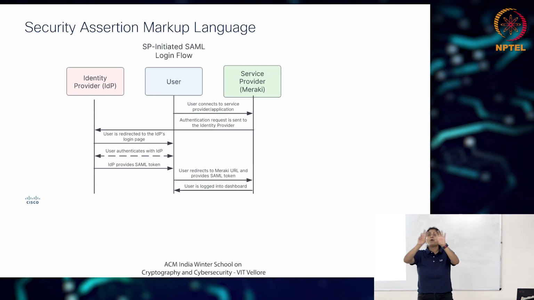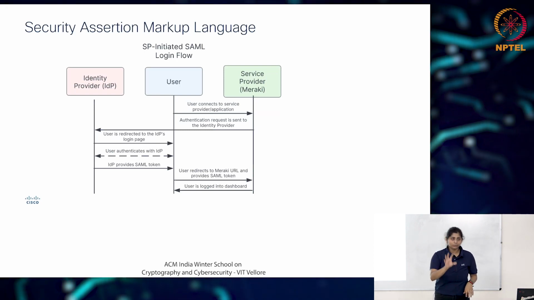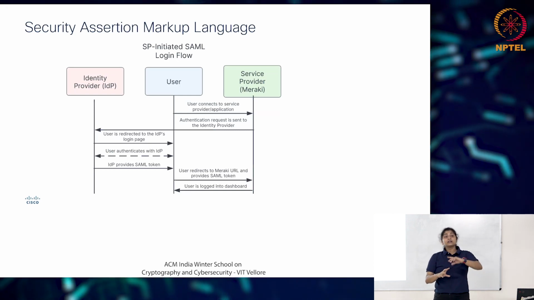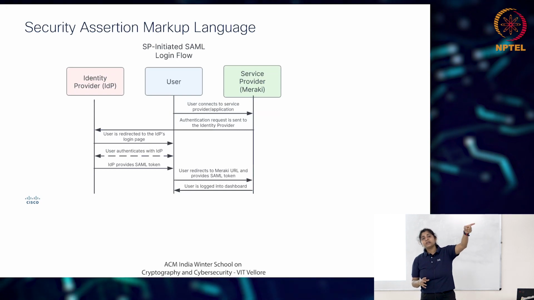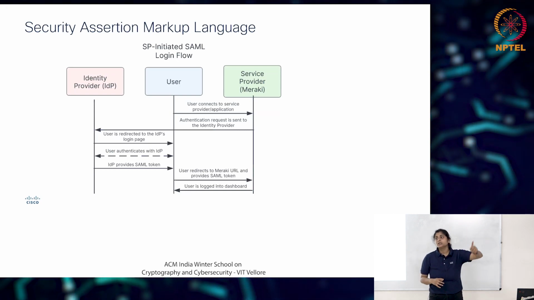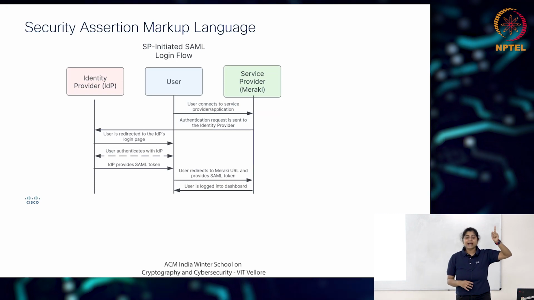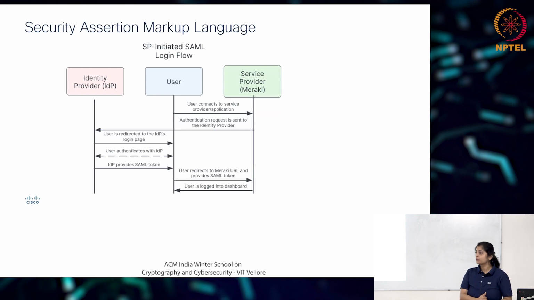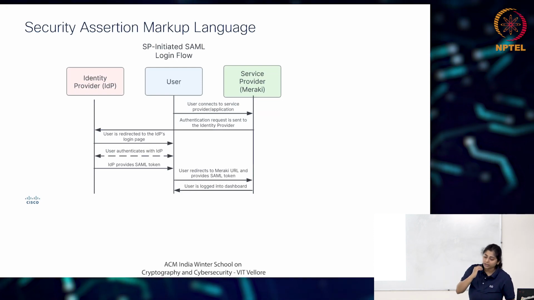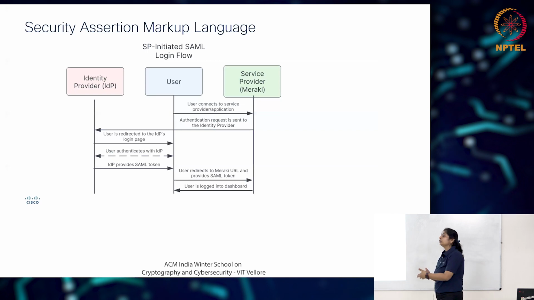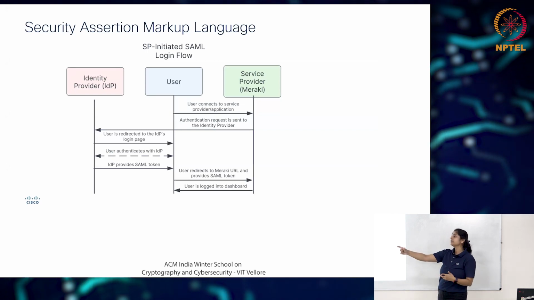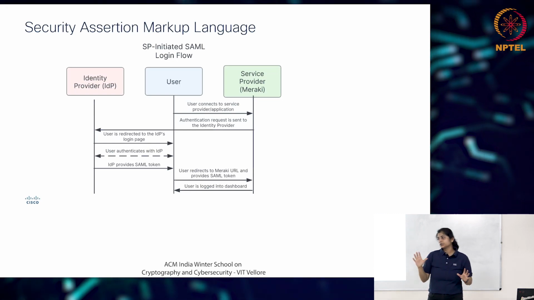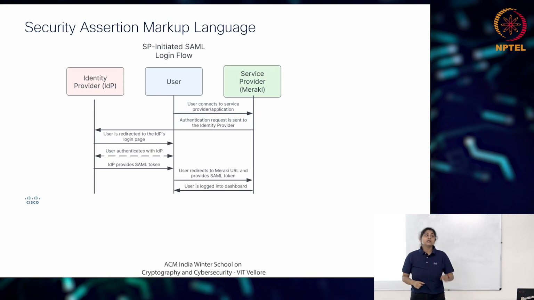There is a pop-up that opens on your screen if you use SAML, and that web browser connects to the IDP. The IDP verifies whether you're part of the database or not, and what application access you should get, and directly gives you a SAML token. Once you get the SAML token, you can use that token to go back to your service provider and say, here's my token, I'm a legitimate user, give me access to these resources.